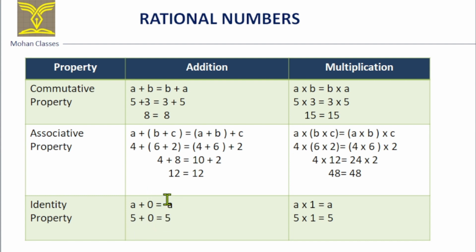So 0 is the additive identity for addition. Similarly, for multiplication, the same rational number should come. A into 1 is equal to A. So 5 into 1, 5. So 1 is the multiplicative identity. 0 is the additive identity. Clear?